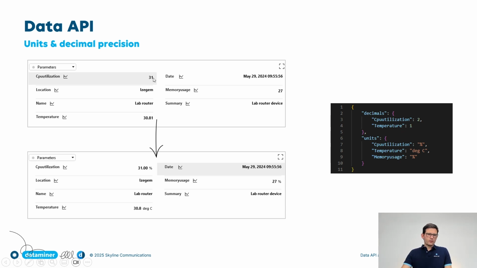So you notice the CPU utilization on top had 0 decimals. Here it has 2. The temperature had 2 initially, and now it just has 1. To configure the units, you use units as a fixed indicator, and then again you specify the parameter names and you specify the units that have to be put on the parameter.